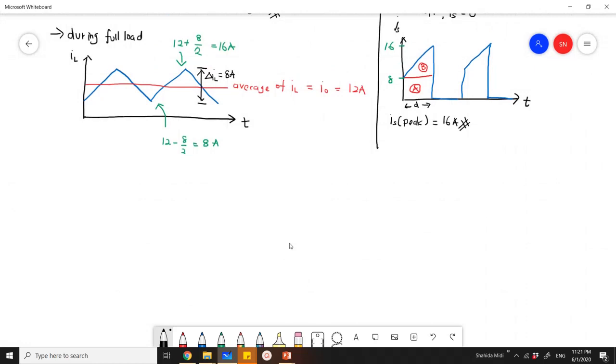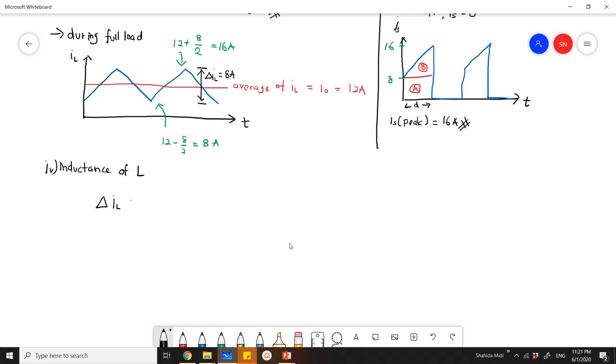For the fourth one, the inductance of L, we are going to use this equation here. Okay, so I'm going to write it down.